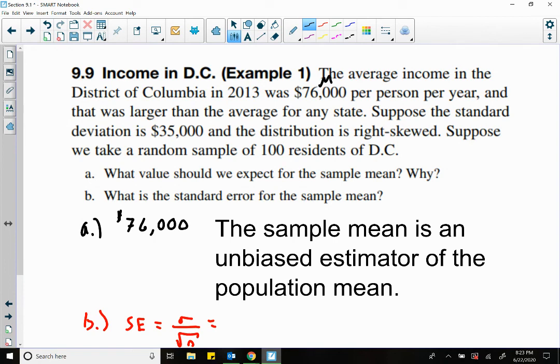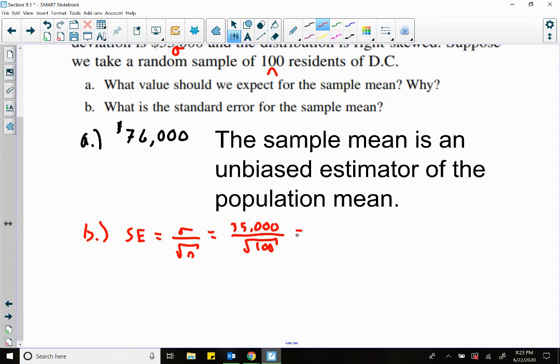There was your mu, because this is about the population. Here is the sigma. And then down here, this is your sample size. So if we take 35,000 divided by the square root of 100, and if you go to your calculator and figure this out, it's really 35,000 divided by 10, which gives you $3,500.